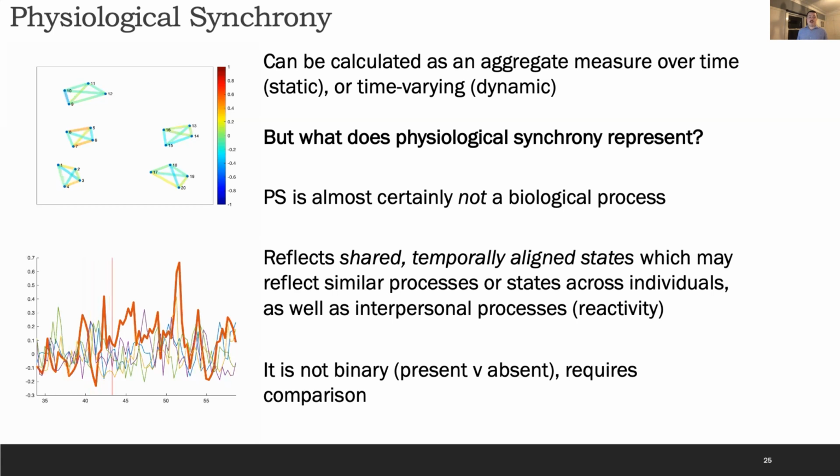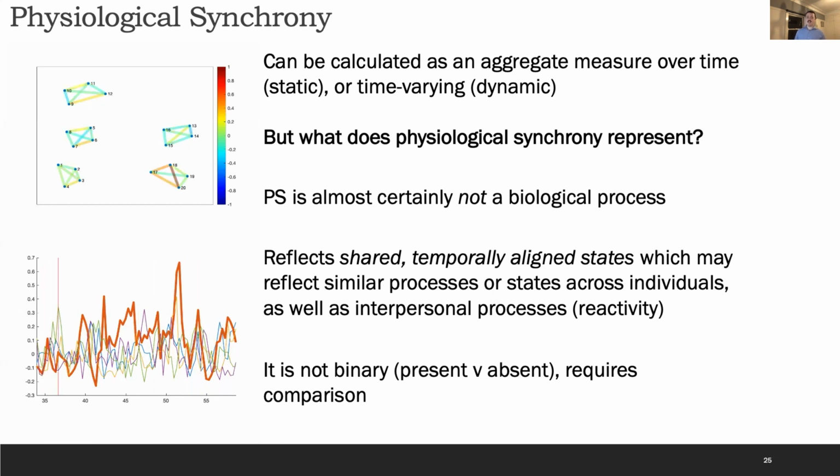Another example is, if I start having a fight with someone and I'm yelling at them and they're yelling back at me, we're both experiencing a heightened affective state, usually a very intense one. So as you can imagine, our physiology would be aligning in the same direction. So in this way, it can represent interpersonal processes as well.